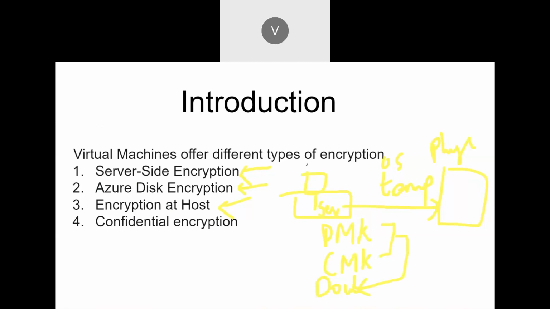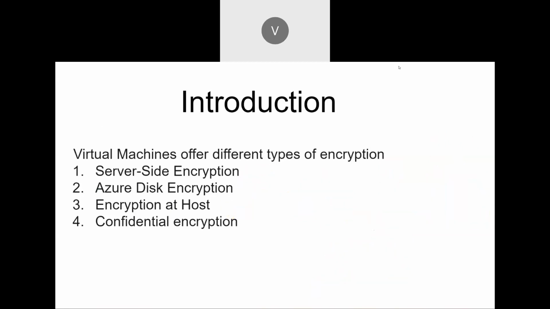That's server-side encryption. Now, when we talk about Azure disk encryption, we take a disk and a key vault, we create or store encryption keys in it, and those encryption keys will be used to encrypt the Azure virtual disk. It's in fact similar, but the way you implement Azure disk encryption and server-side encryption is a bit different.